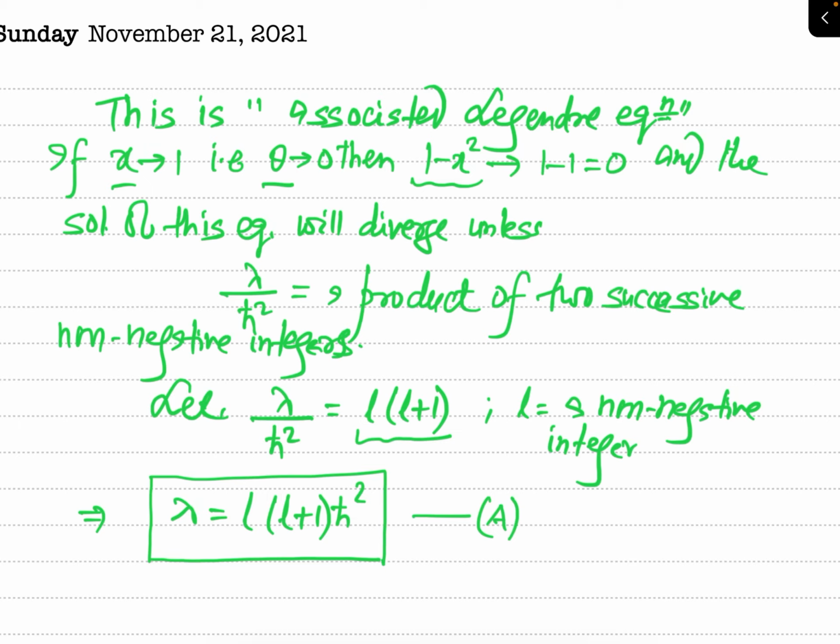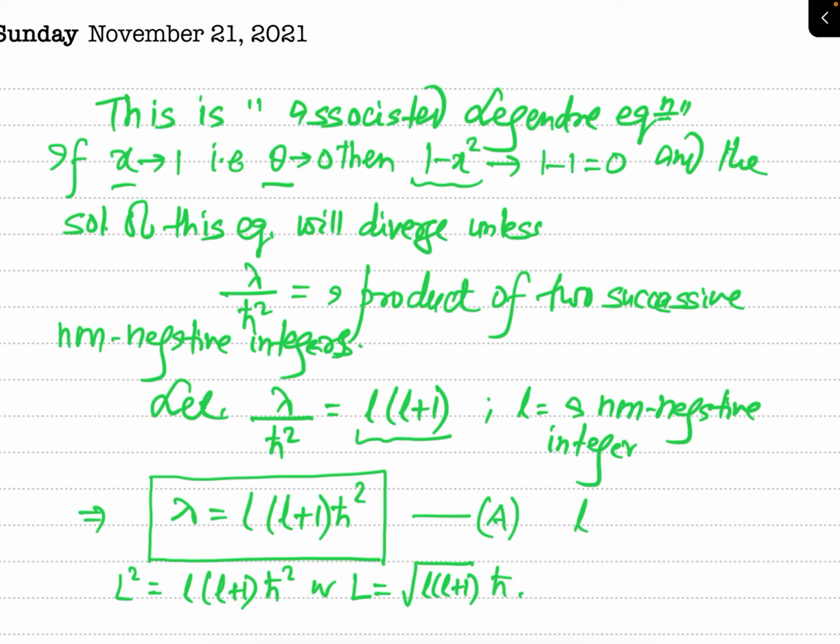In other branches of physics like atomic physics, we directly write that L square is equal to L into L plus 1 into h bar square, or we simply say that L is equal to the square root of L into L plus 1 times h bar. We also write like this.